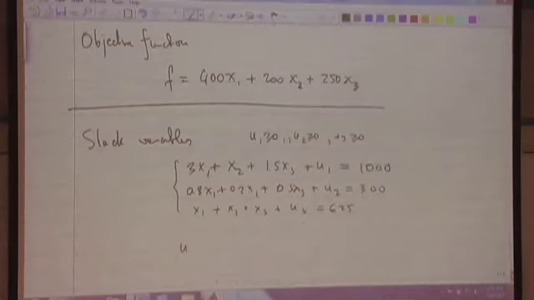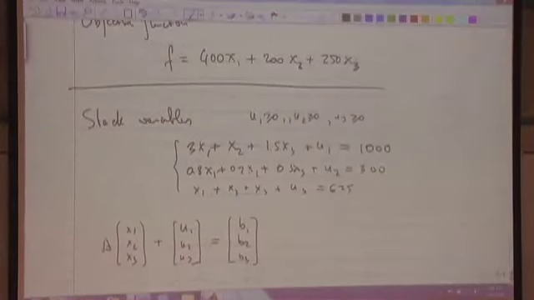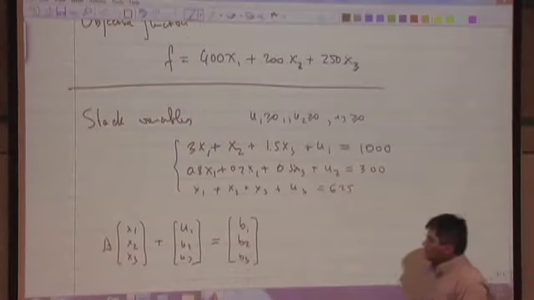So u1, u2, u3 plus a times x1, x2, x3 equals b, which is b1, b2, b3.